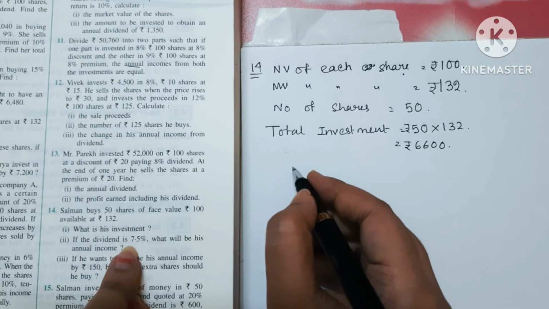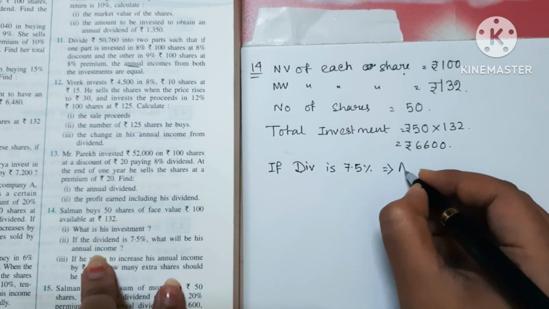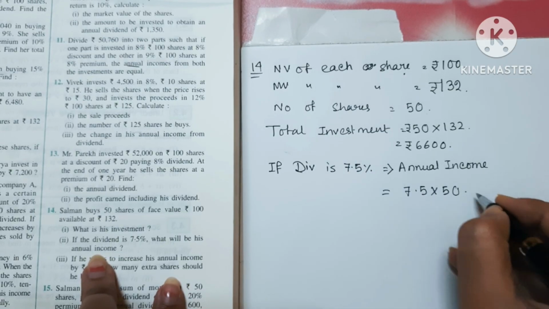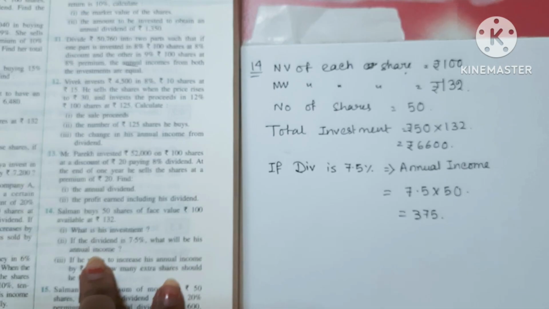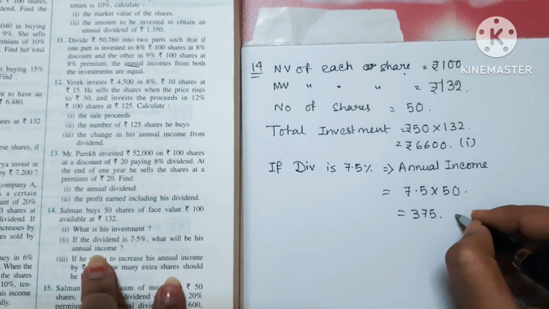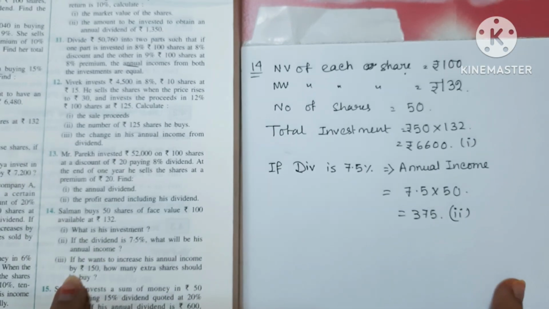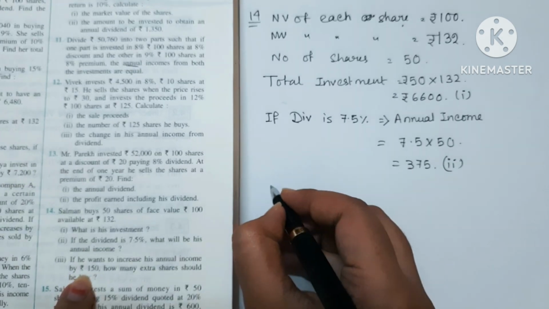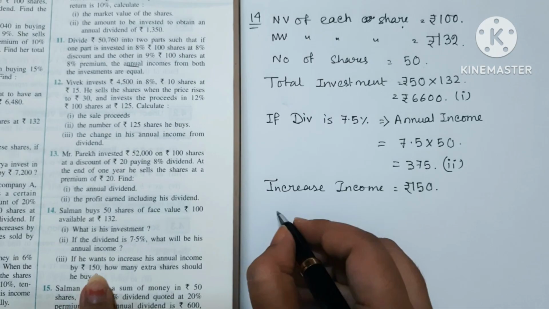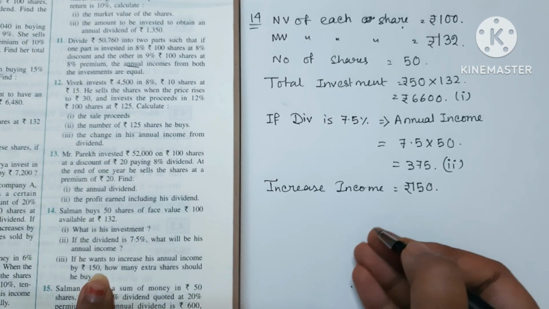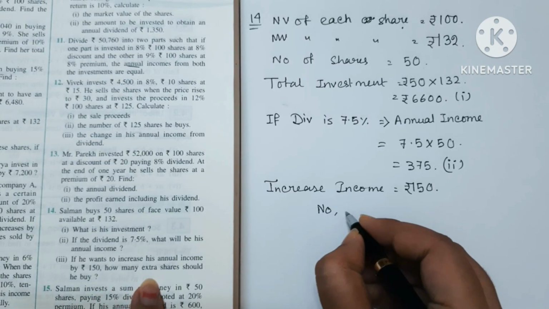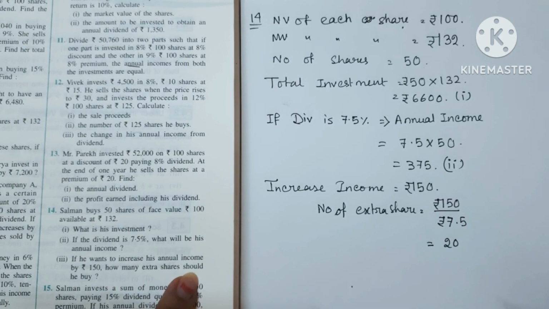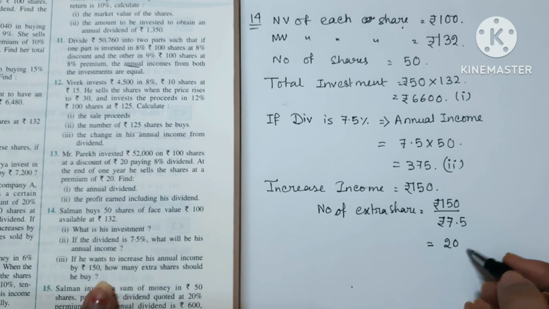Now if dividend is 7%, that means annual income 7.5 rupees into 50. So this is the answer of question number 1, this is answer of question number 2. And third question, see, if he wants to increase his annual income, obviously he has to buy some extra shares. So number of extra shares, how many extra shares should he buy? Answer of this question is 20.